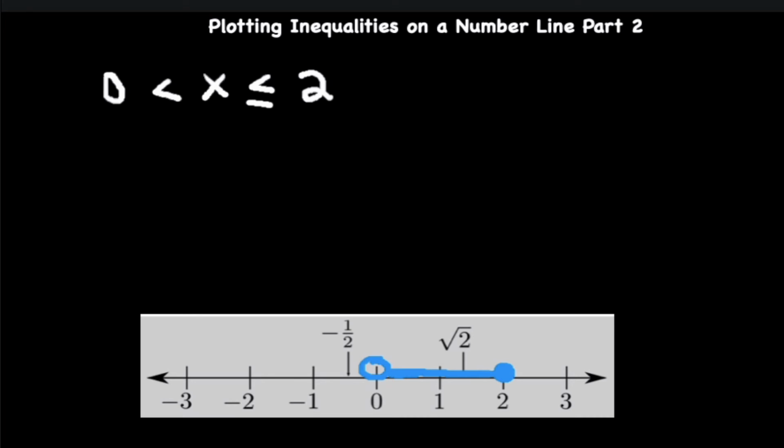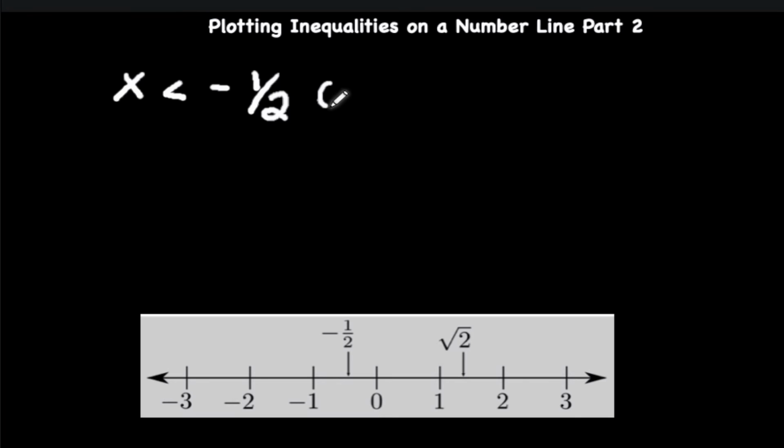Okay, let's go over a couple more examples here. So what about x is less than -1/2, or x is greater than or equal to the square root of 2. Let's go ahead and graph this one first. X is less than -1/2. So we have -1/2 right here.